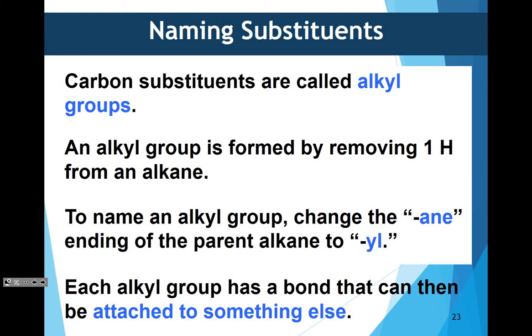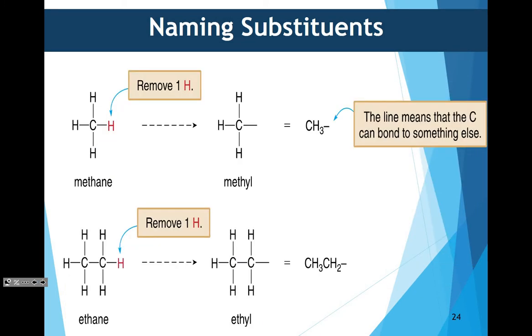An example of this would be taking an ethane group that's attached to a longer chain and changing the N-E from ethane to ethyl. Or a methane group, taking off a hydrogen and making it attached to something where that hydrogen was, that makes it a methyl group. We already talked about the ethyl group on the bottom.